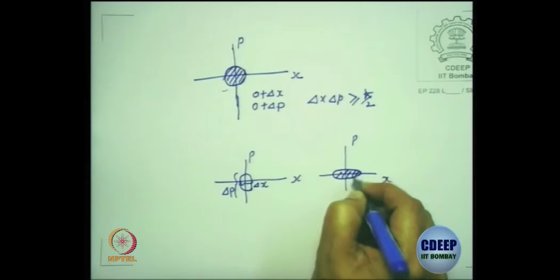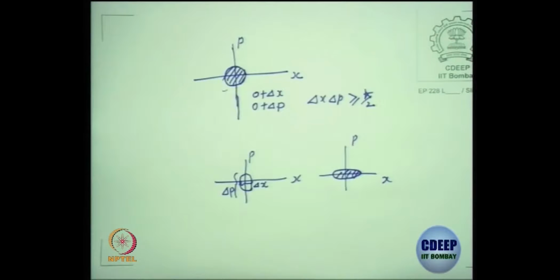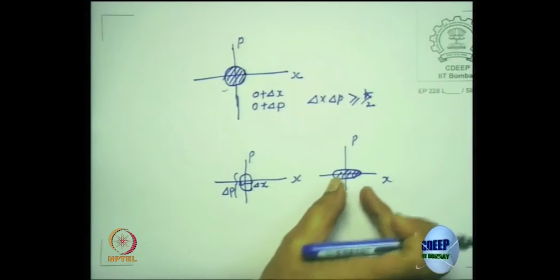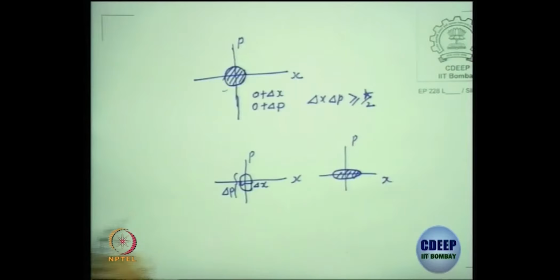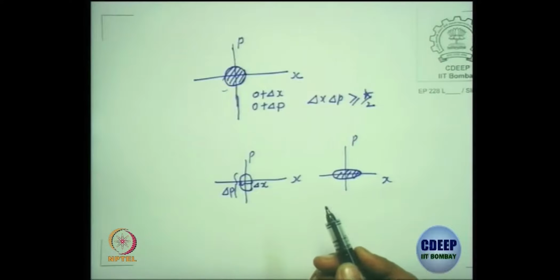You could have another case like this. The uncertainty region, the hazy region, has delta x more than delta p. If you want to precisely say that there is very little error in position, suppose I say the position has very little error, or I can measure the particle-like behavior, which uncertainty is correct? The one with delta x less than delta p is correct.